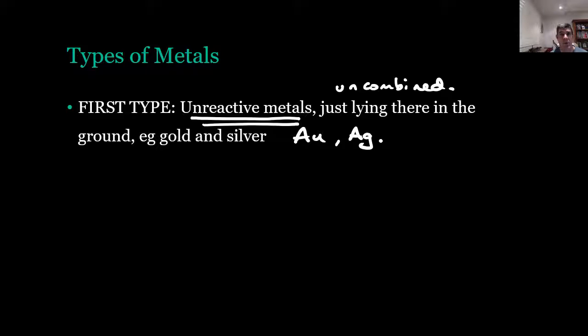They don't readily form compounds, particularly with oxygen, which is one of the dominant gases in the atmosphere. And so we tend to find these metals in their native state, probably not as often as we'd like, but nevertheless found in their native state.